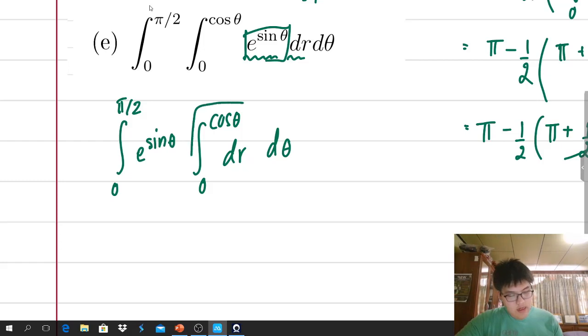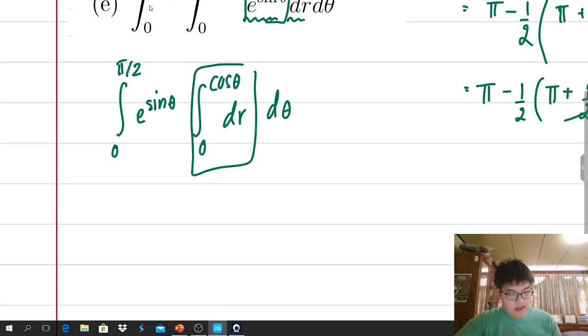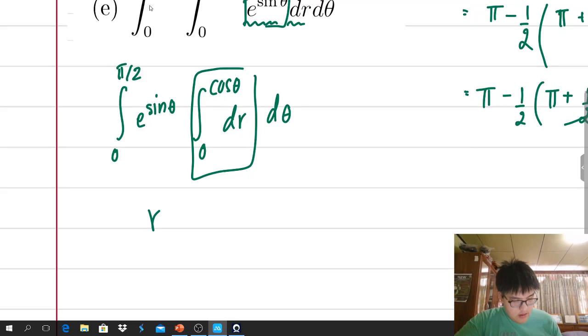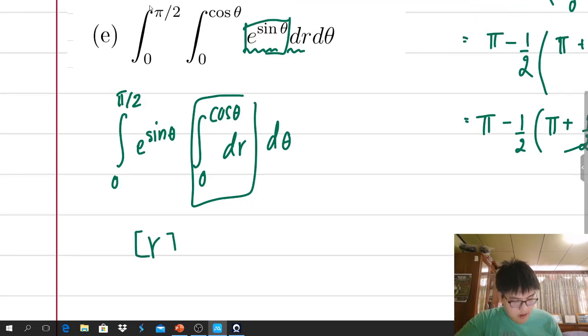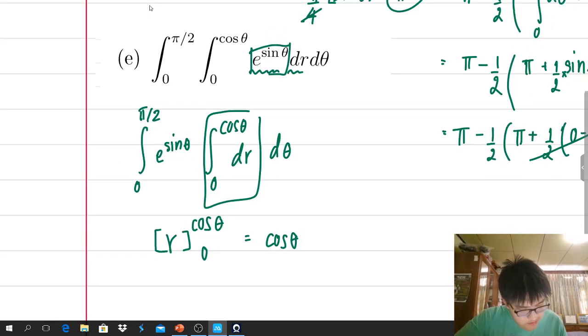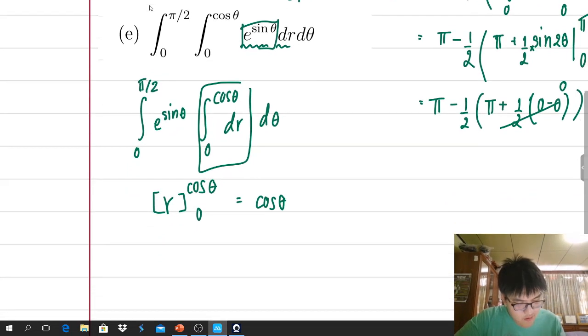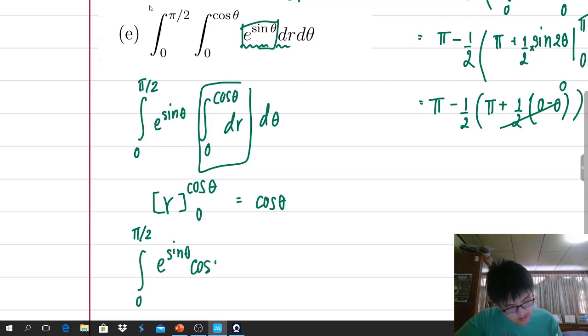And then you do the inside as before. It leaves only r. And the bounds are cosine theta and 0, which is equal to cosine theta. Like this. Okay. And then you plug in, integral from 0 to pi over 2 of e to the sine theta cosine theta with respect to theta.